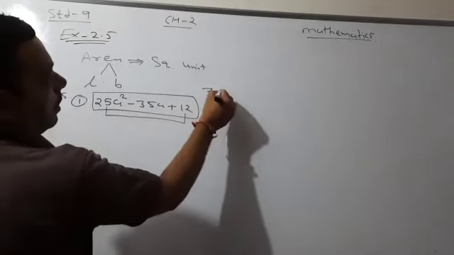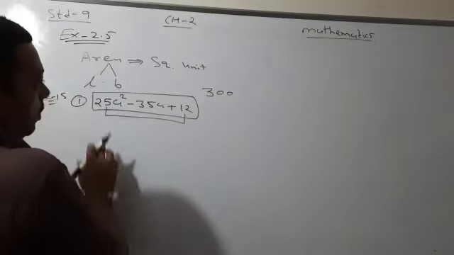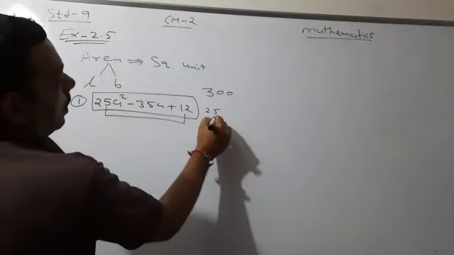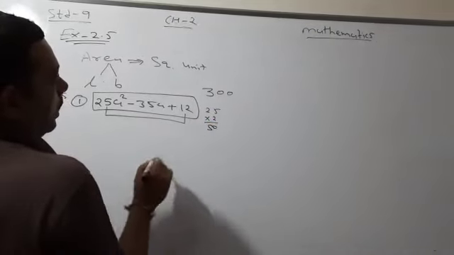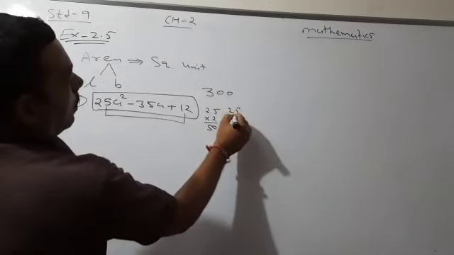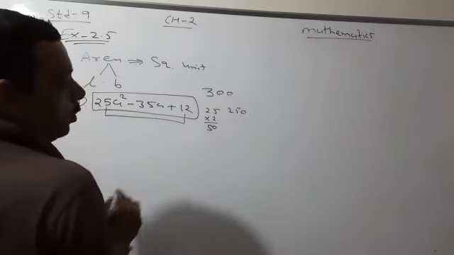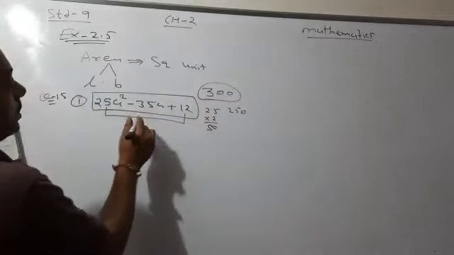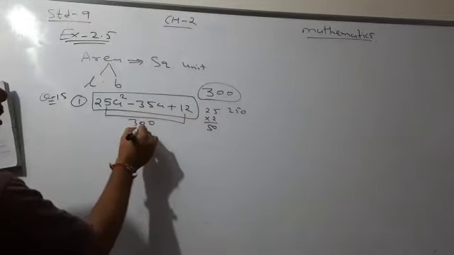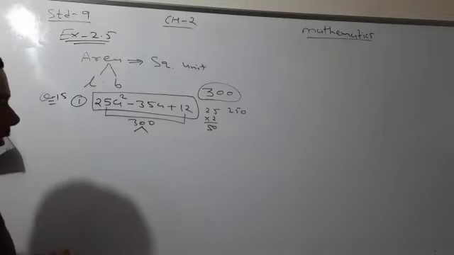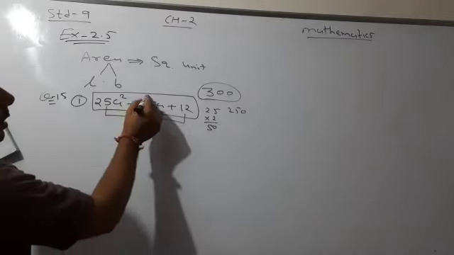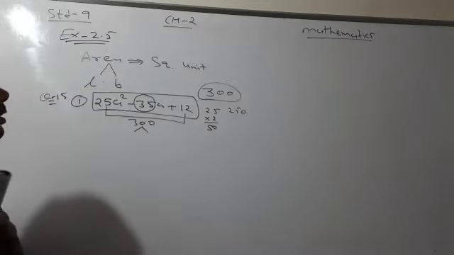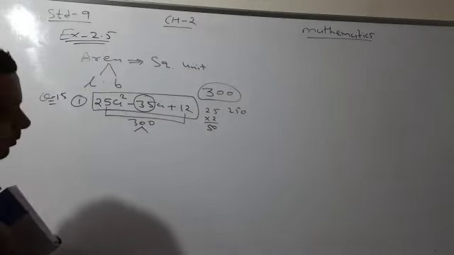Definitely it is 300, because 25 twos are 50 and 25 tens are 250, so 250 plus 50 is 300. Now we have to split this 300 in such a way that you will get 35.